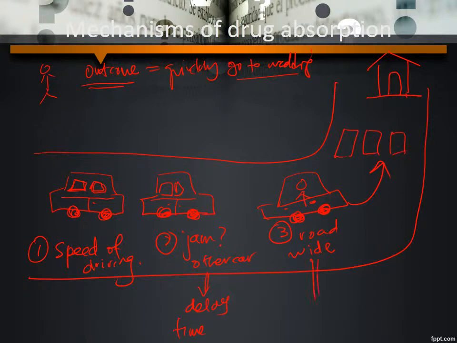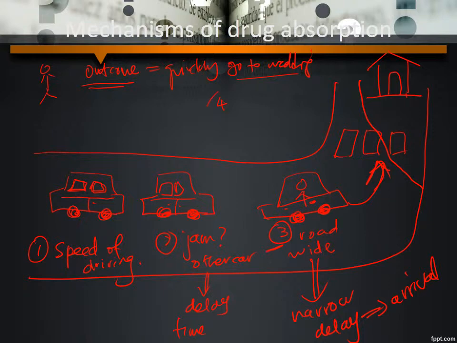But if your road is very narrow, for example, you go to a kampong, suddenly the road is being cut down to very narrow, so it will still hurdle or delay your arrival. Okay, so this is the third factor that affecting your arrival to the friend's house.